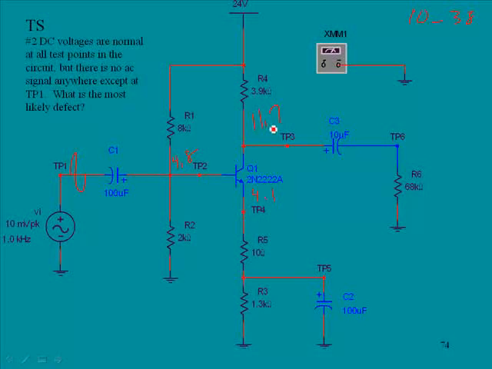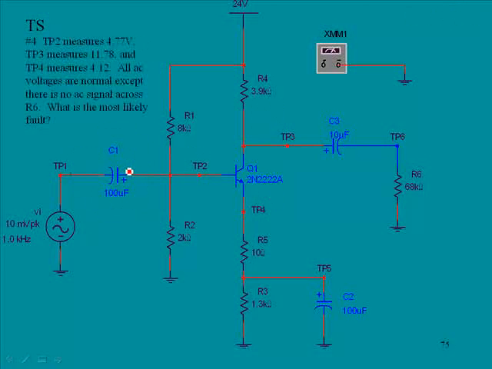And so in this case, if there's no AC signal here, the only component between TP1 and TP2 is right here. And so we could conclude that C1 is in fact open. And if you were doing this in Electronics Workbench, you could simply open the circuit right here, or take the cap out and leave the circuit open, and that would simulate this particular problem.